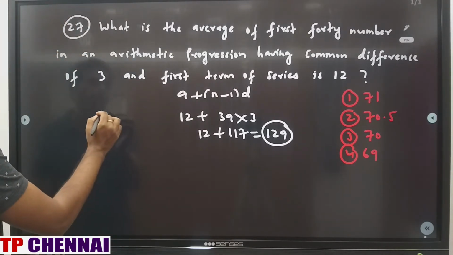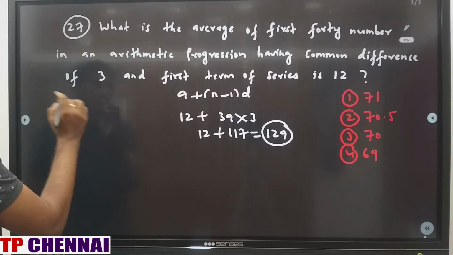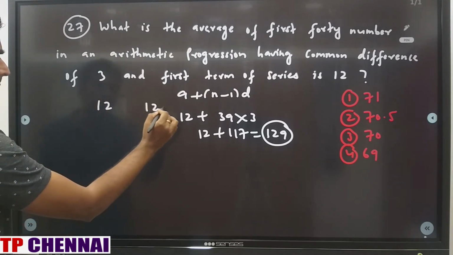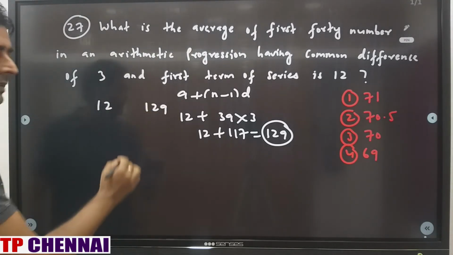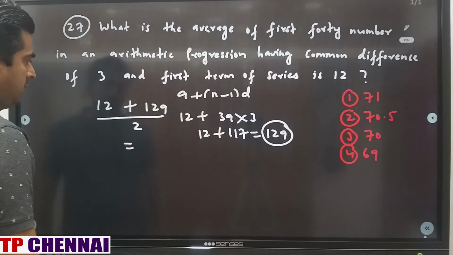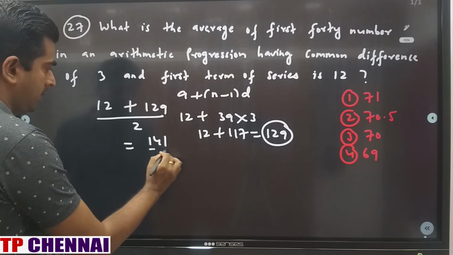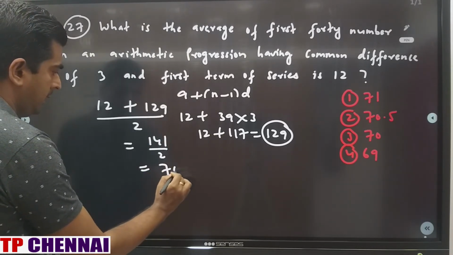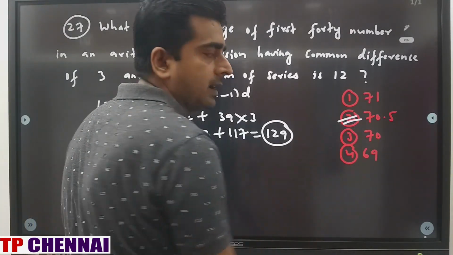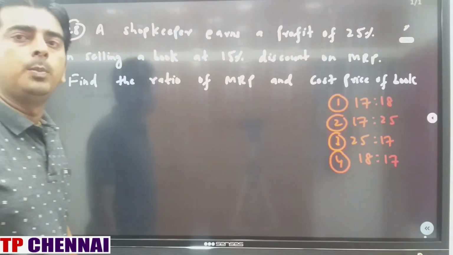First term, what they have given you? 12. Last term 129, and average they are asking first term by last term divided by 2. This is how much? 141 by 2. My answer is 70.5, which is second option. So I hope you clear with 27.